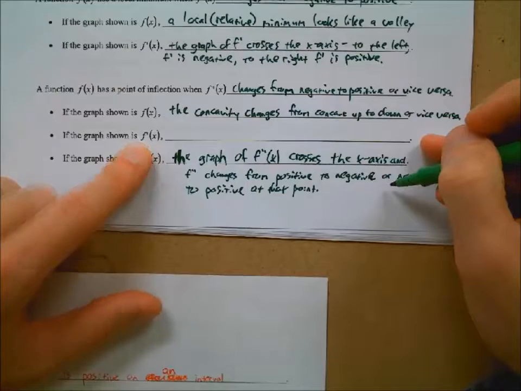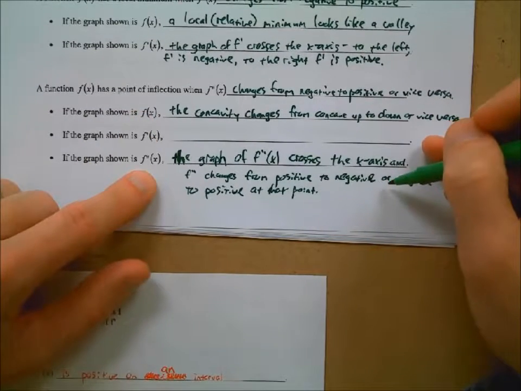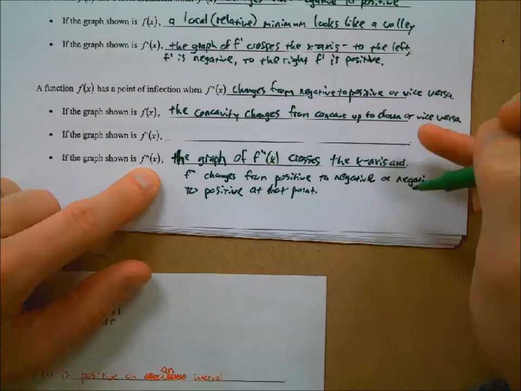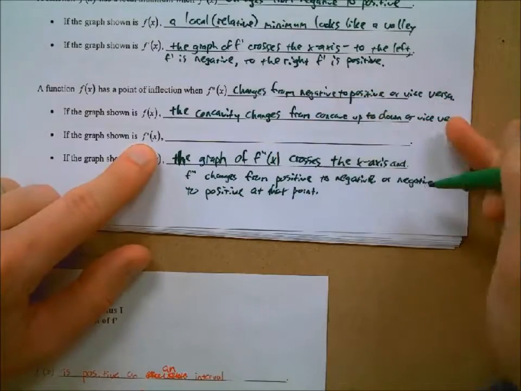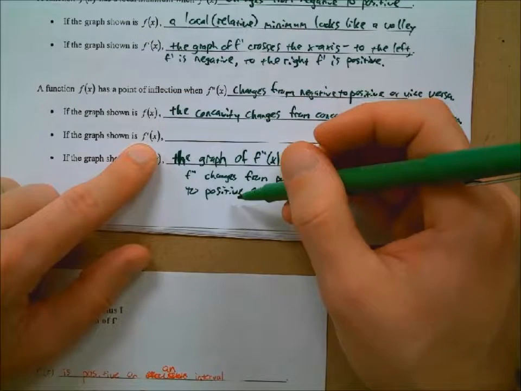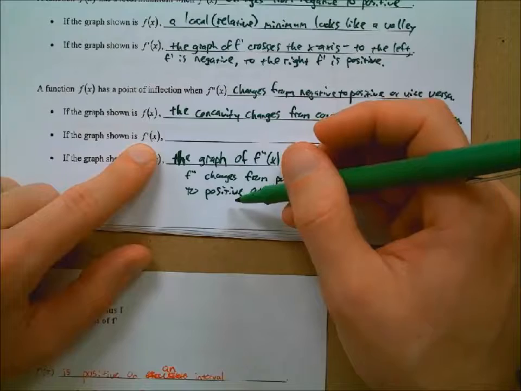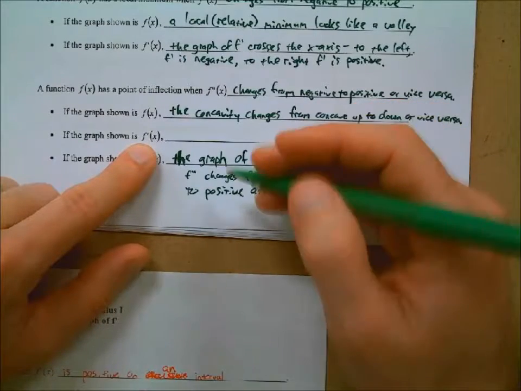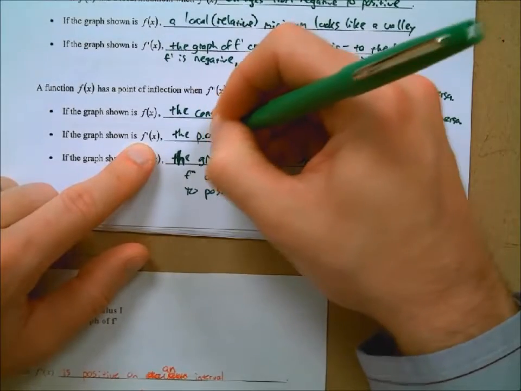Or the second derivative, we could have a point of inflection in the function where the second derivative changes from negative to positive. Well, if the second derivative is changing from negative to positive, the first derivative will be changing from decreasing to increasing. What kind of thing occurs where something is changing from negative to positive? Relative minimum.